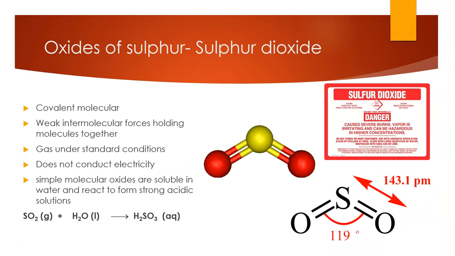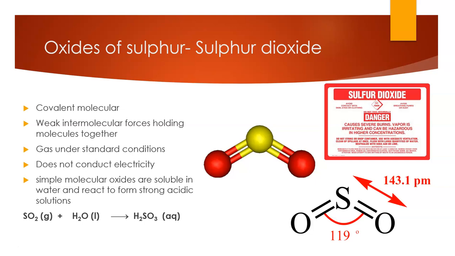When we get to SO2, remember this is a covalent molecular compound. We're going to have weak intermolecular forces holding the molecules together, with a bond angle of around 120 and a bent geometry. This gas, sulfur dioxide, under standard conditions, doesn't conduct electricity because it is a neutral covalent compound.